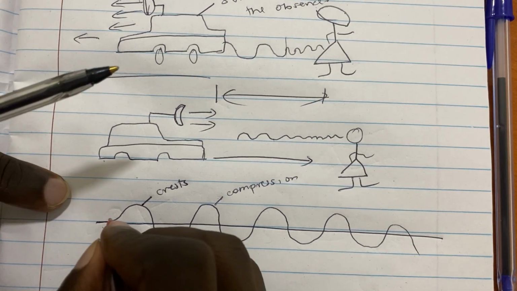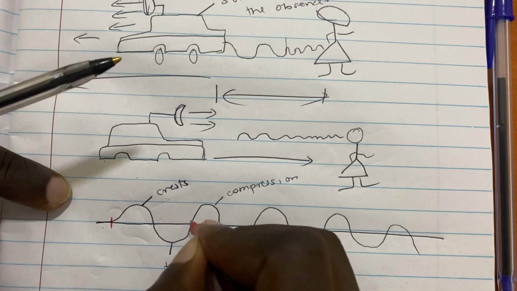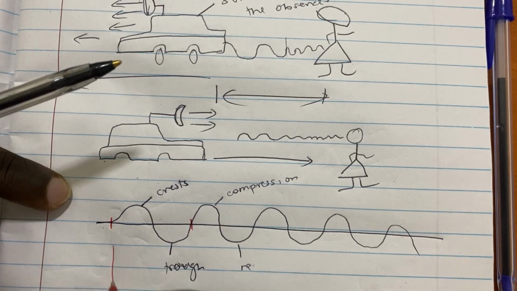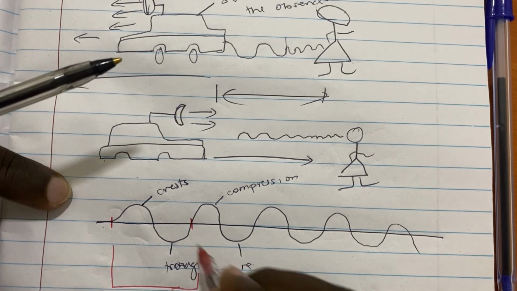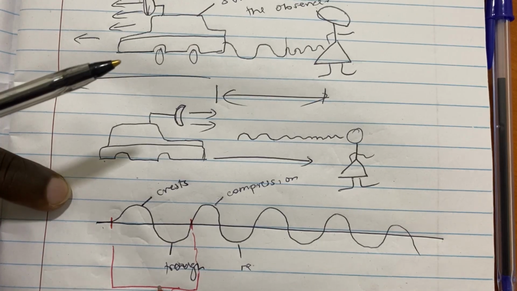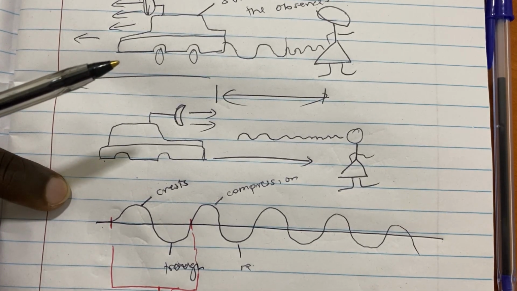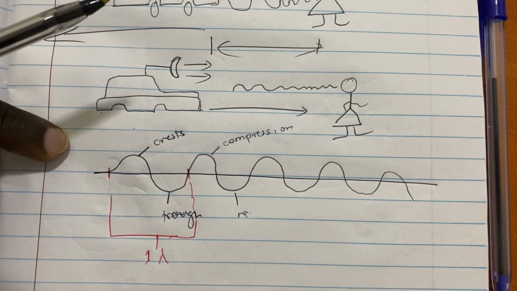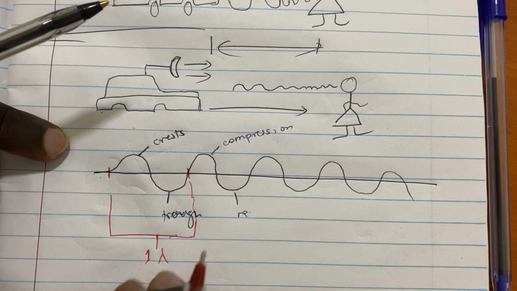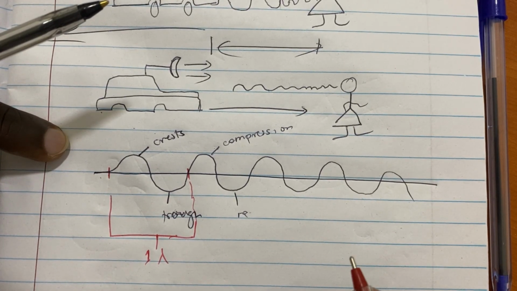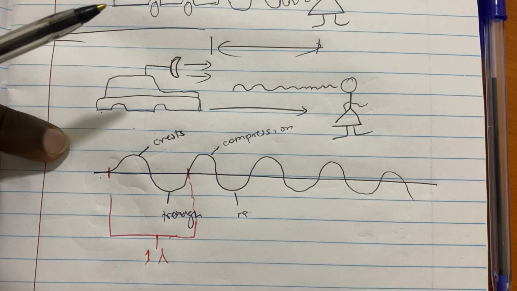From here up to here is called the wavelength. I know you remember these ones. This full cycle is one wavelength.